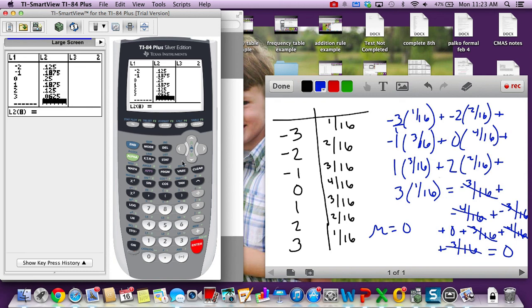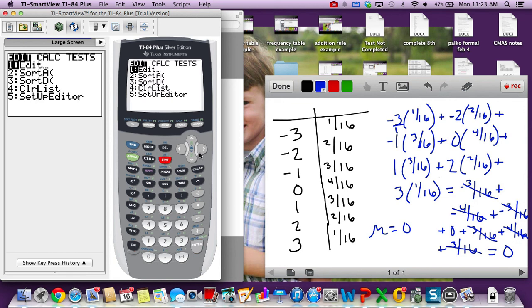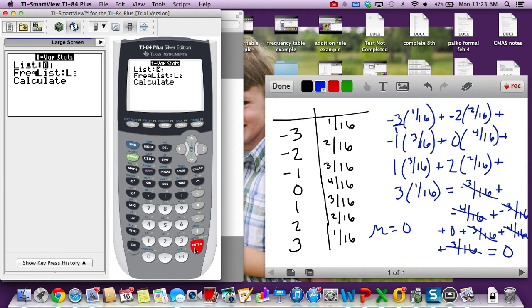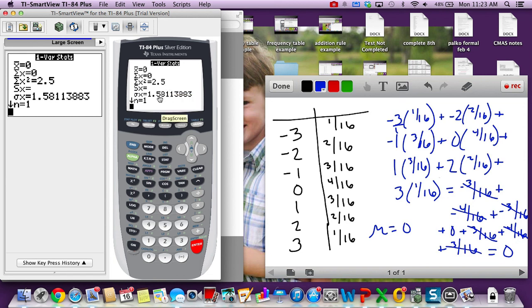Okay, so now remember, you can do one variable statistics with your two lists. So my list of possible values is L1. My frequency is L2. So you would do one variable statistics, start your parentheses, L1, comma, L2, and then you would go to calculate. So you see here that your mean is 0, just like we found, and our standard deviation is 1.58.